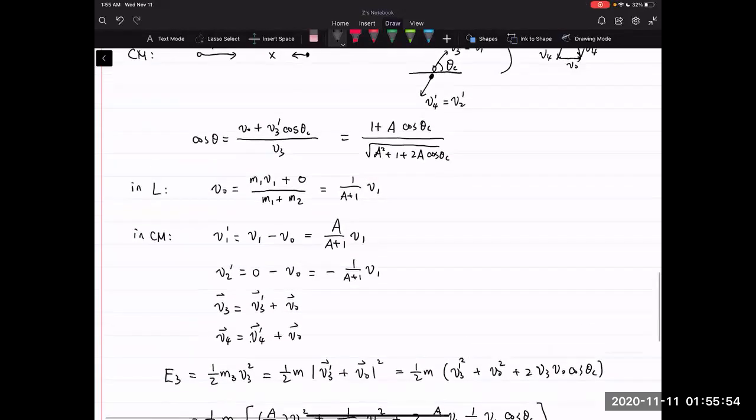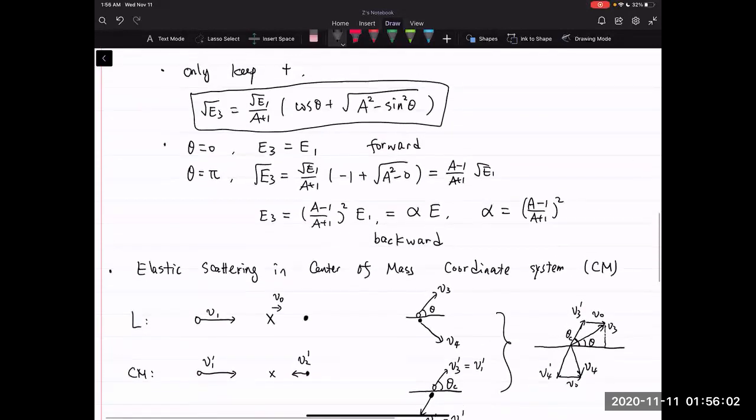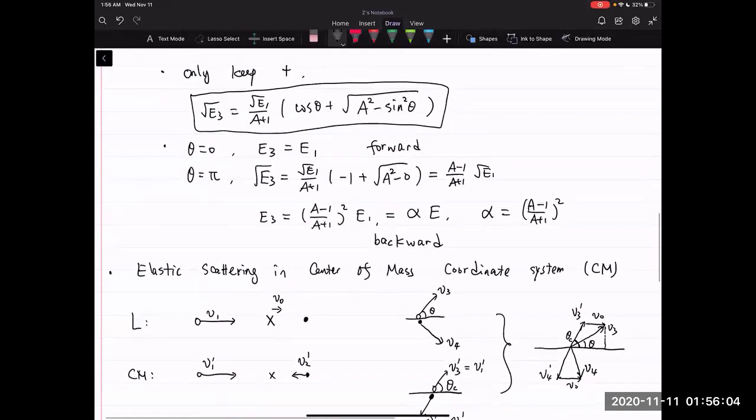So we need this, and we need this. Compared to the above solution, in which we have E3 as a function of theta, that is simple, but unfortunately we don't know the distribution of theta because theta is in the lab coordinate.